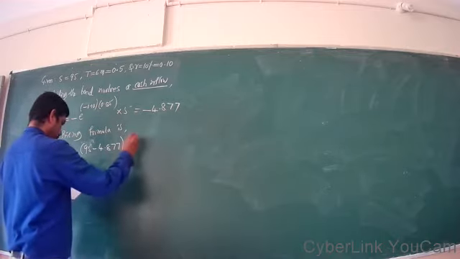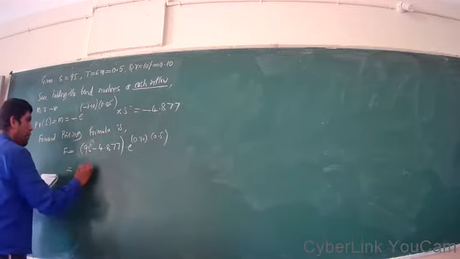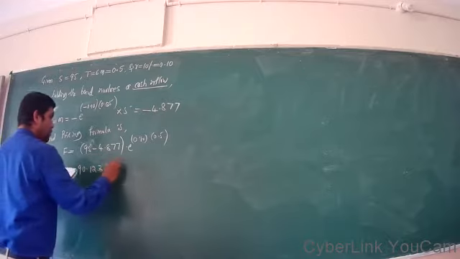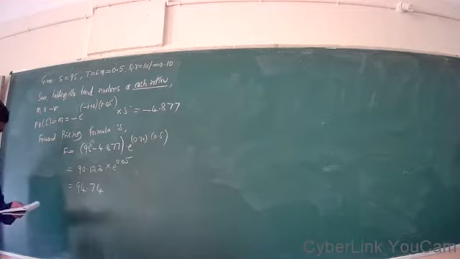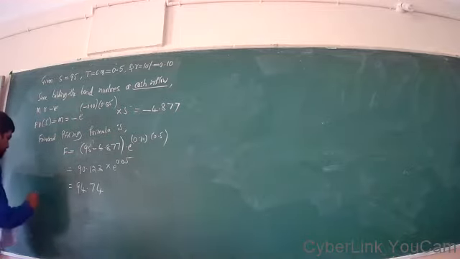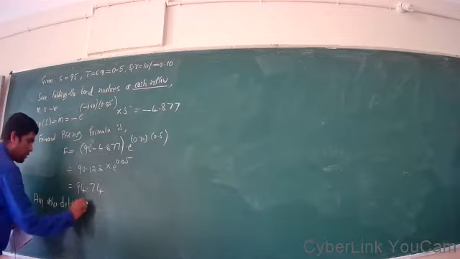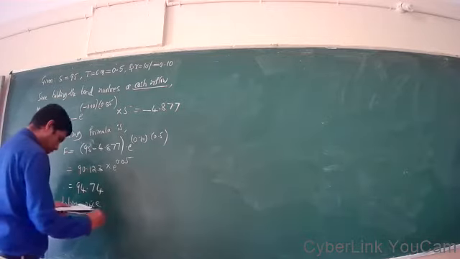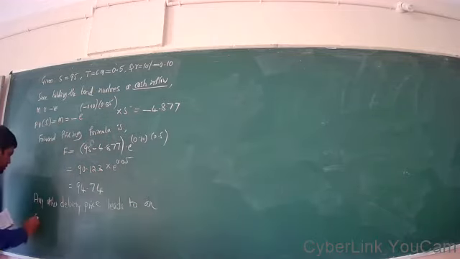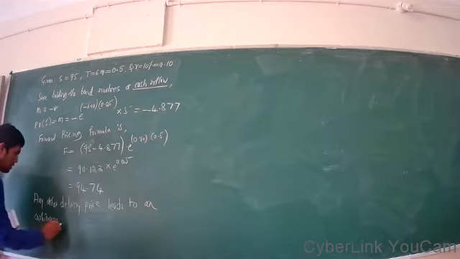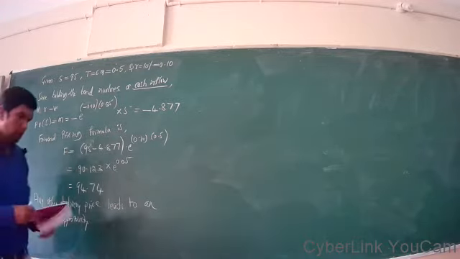That is 90.123 into e raised to 0.05, and that gives 94.74. So any other delivery price leads to an arbitrage opportunity.